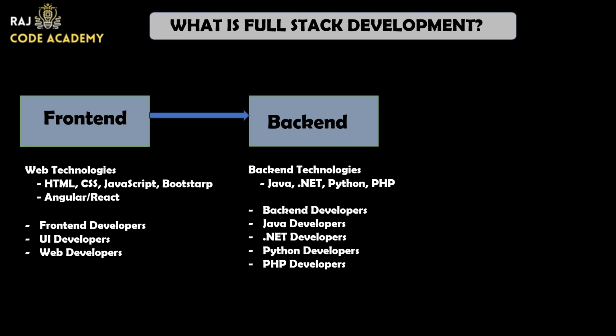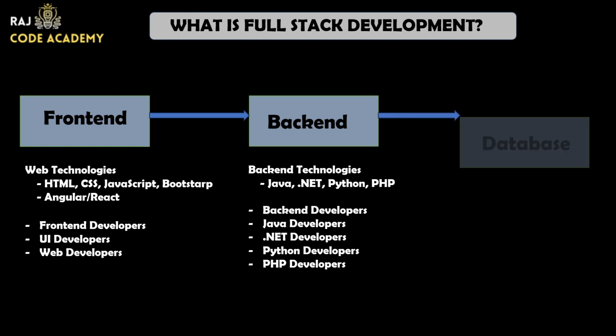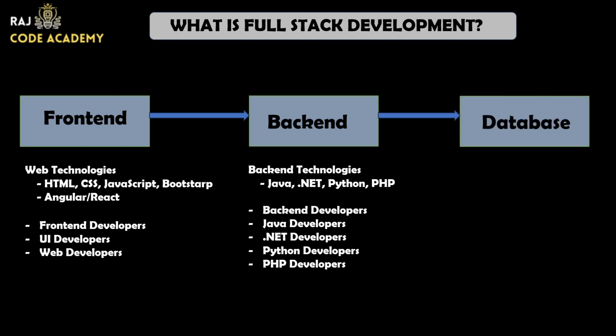And from the backend, in order to store our data permanently, we make use of databases. In databases, we can insert our details. It may be related to employee details or book details or account details. To store the data permanently, we make use of databases. And we can make use of database technologies like Oracle or MySQL or SQL Server or DB2.